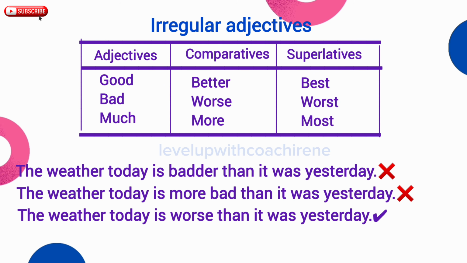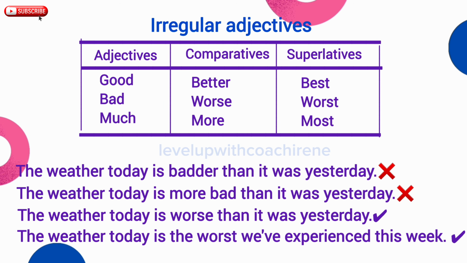That is why they are called irregular. It is important to remember them because they do not follow typical patterns of formation for comparatives and superlatives. These are areas where students commonly make mistakes. For superlative sentence, you can say, the weather today is the worst we've experienced this week.